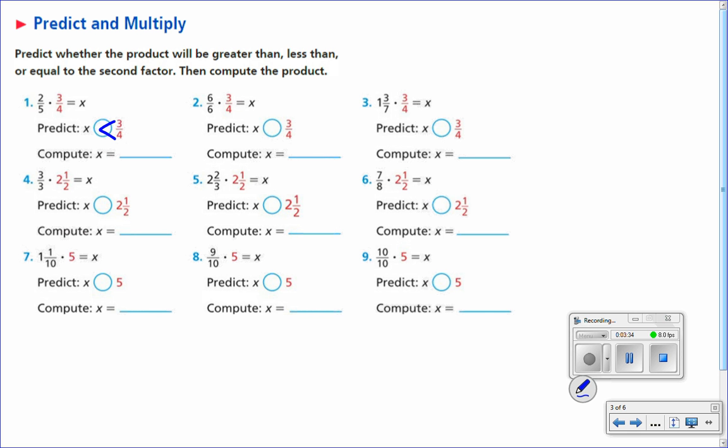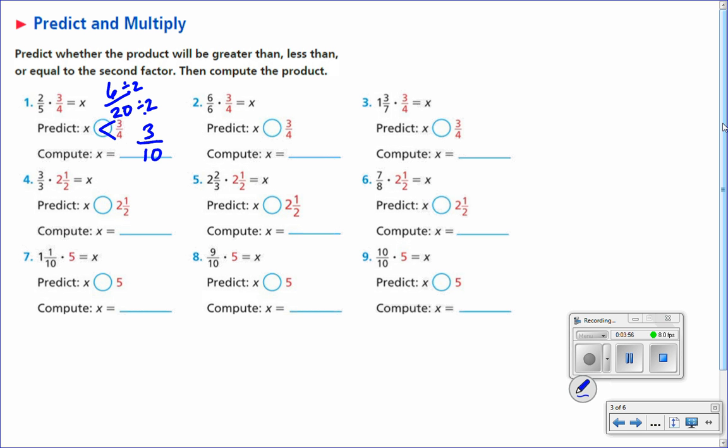So what's the real answer? You have 6/20, but what's the real answer? 3/10. Is that smaller than 3/4? Yes, because it's a piece of 3/4.